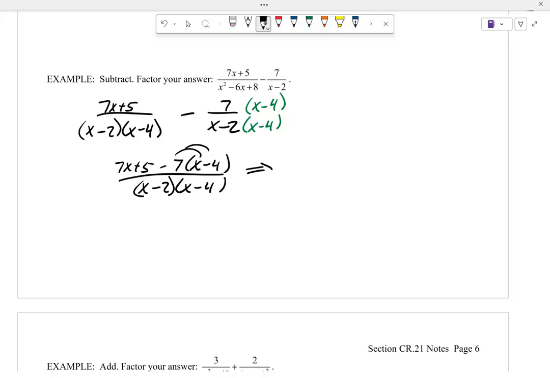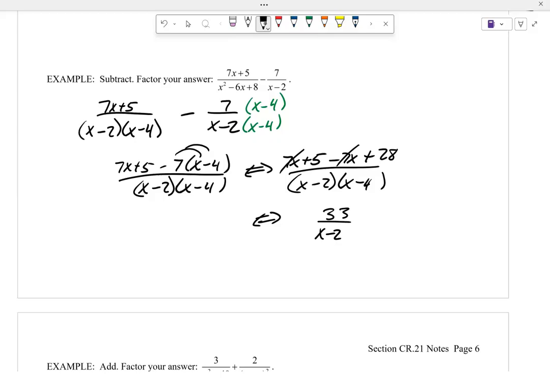I just have to distribute that minus 7x. Notice 7x minus 7x is gone, so we just get 28 plus 5. I've got 33 over (x minus 2)(x minus 4) there.